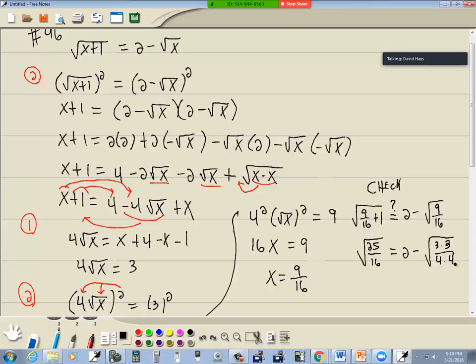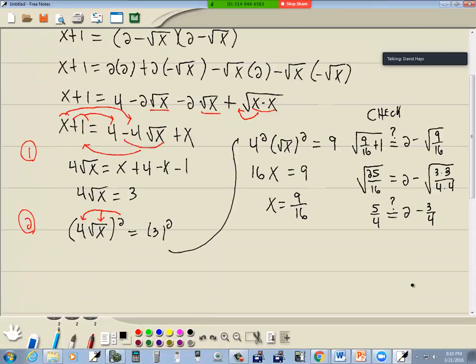So basically we've got 3/4 times 3/4. And this is 5 times 5, and that's 4 times 4. So that becomes 5/4 is equal to, or possibly equal to, 2 minus 3/4. Now 2 minus 3/4, that's a mixed number form. 2 times 4 is 8, plus negative 3 is 5, so we end up with 5/4. So it checks. So that's our answer.